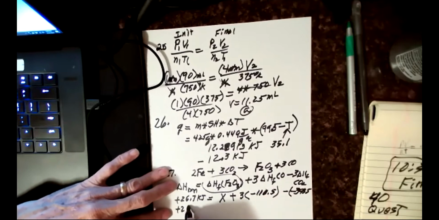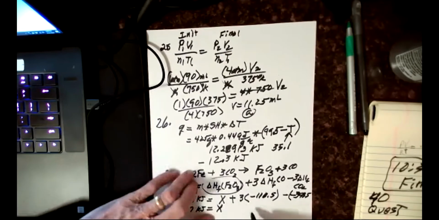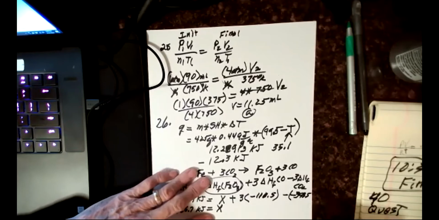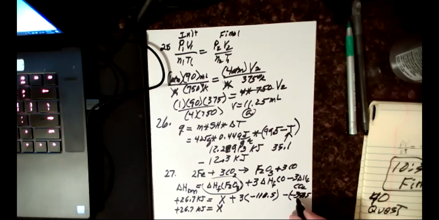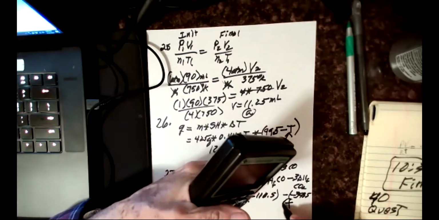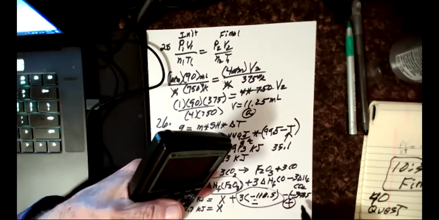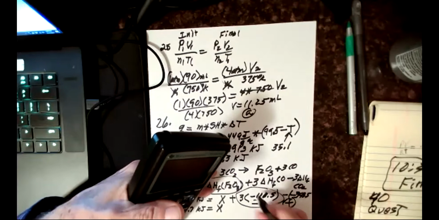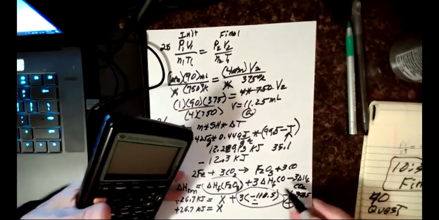So I've got plus 26.7 kilojoules is equal to my unknown, what I'm trying to find. And then 3 times this negative, and this negative times this negative is a positive. Here's a case where I'm going to know that this sign over here is plus, and this sign here is minus. So I'm going to take this number and subtract that number. And there's 3 of them.